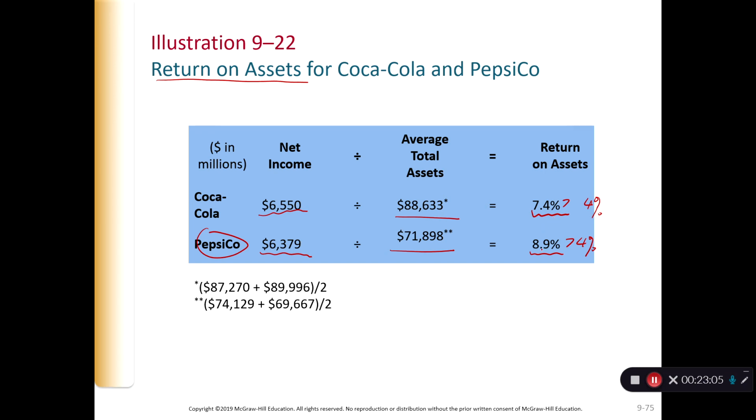However, if the return on asset falls below 4%, below the rate charged by borrowed funds, Pepsi's greater leverage will result in a lower overall return to the shareholder, right? So if this rate is 3%, then you have to minus the cost of borrowing, so your rate of return becomes minus 1%. Okay.